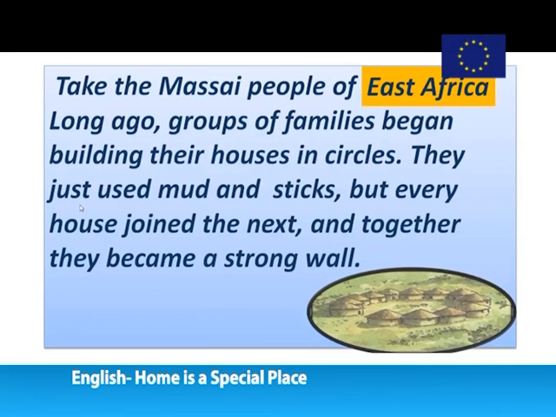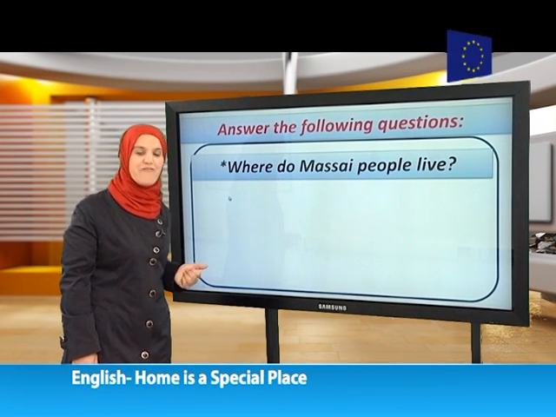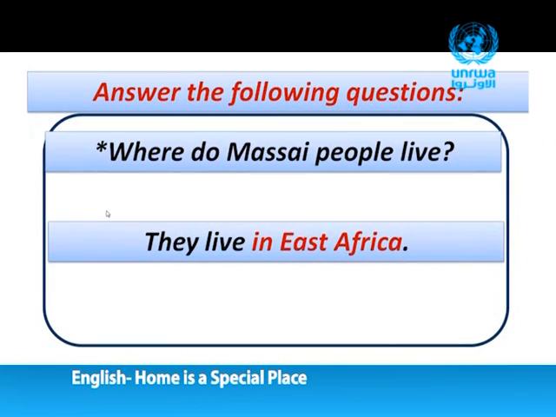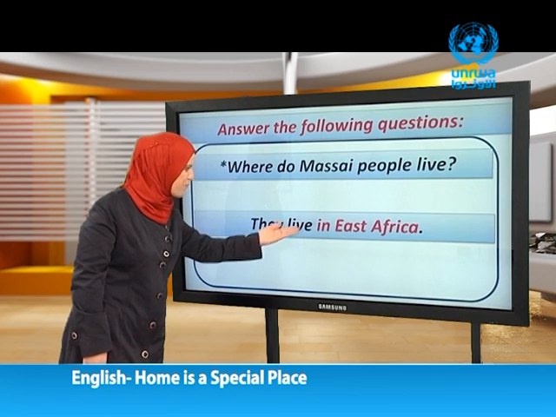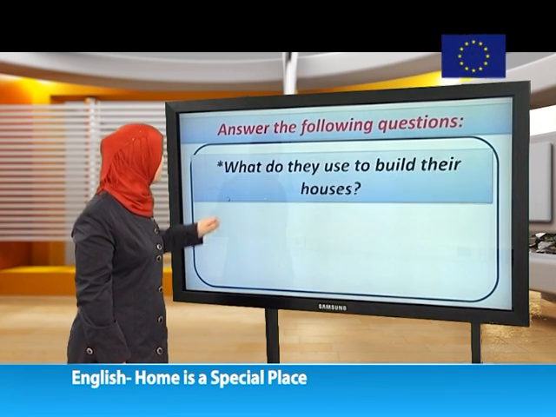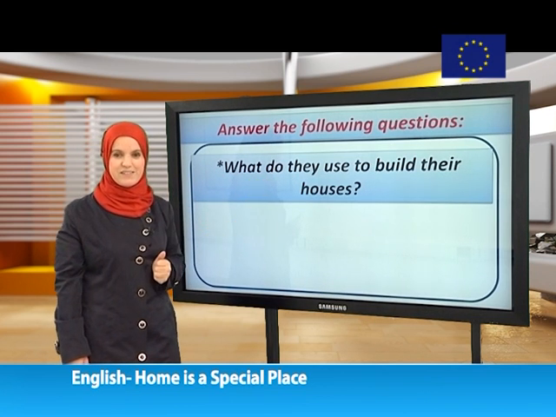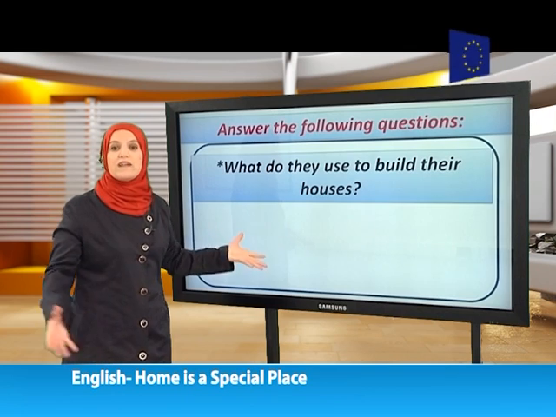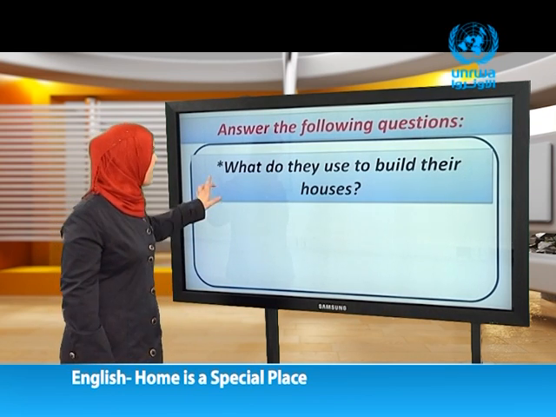This is the place, this is the answer. Where do Maasai people live? They live in East Africa. We begin with the subject, then the verb, and here's the answer. Place. Next one. What do they use to build their houses? Remember, what asks about things? Let's search for the answer.